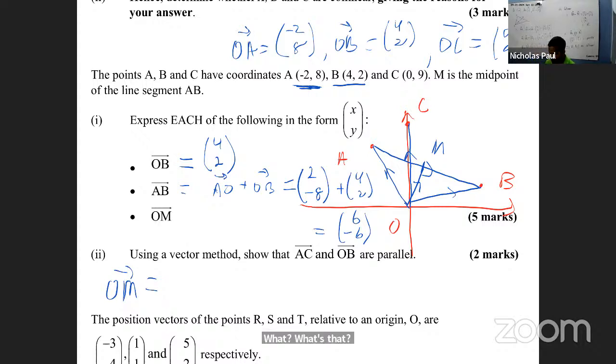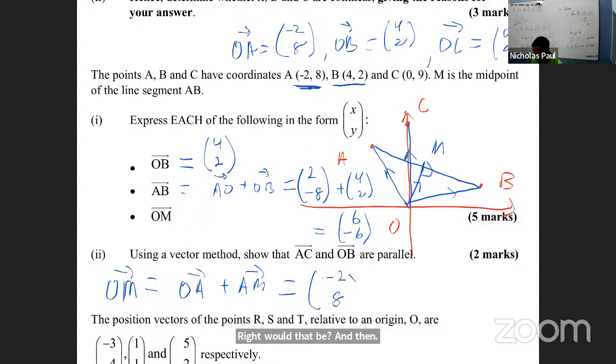O to what? Right, O to A and then A to M. We know what O to A is. O to A is minus 2a. And Felicia said to get AM is half of AC. So you're finding half of AC.